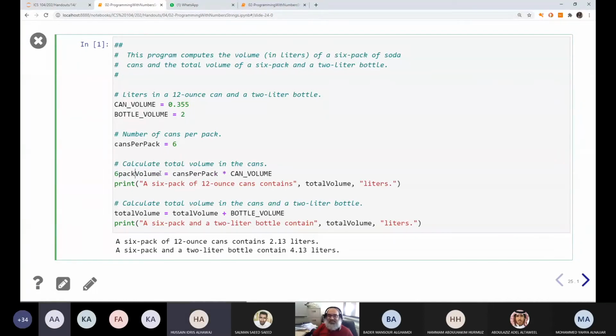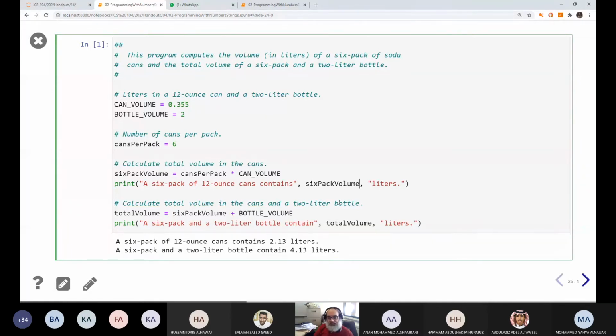No, because it starts with a number. Make it like this. Yes. See, guys? Six-pack volume. So here it will become six-pack volume, and this one also becomes six-pack volume. Now I'm satisfied with the code.